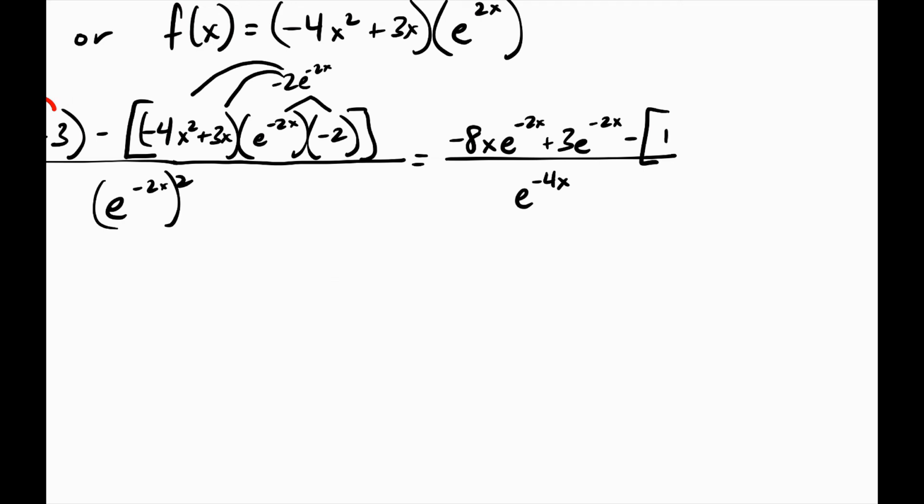So it's going to be +8x squared e to the -2x minus 6x e to the -2x. And then I got to distribute the negative, which will make that negative and that positive. And then I don't need the brackets anymore.